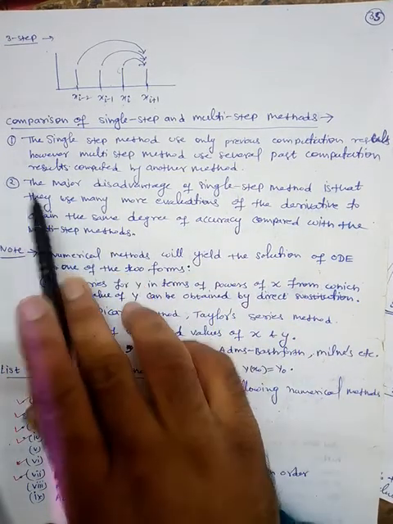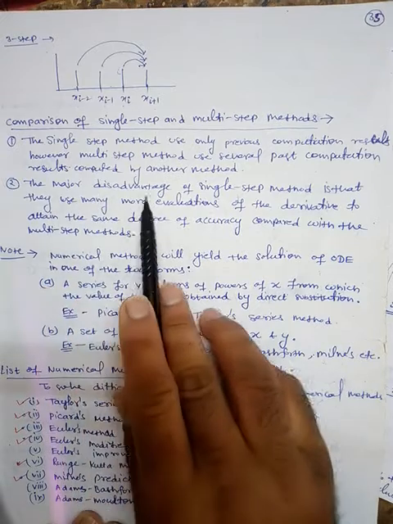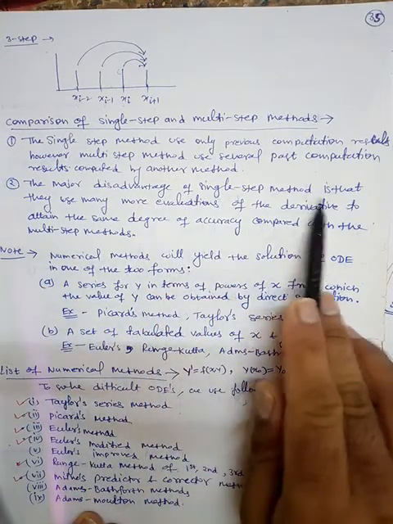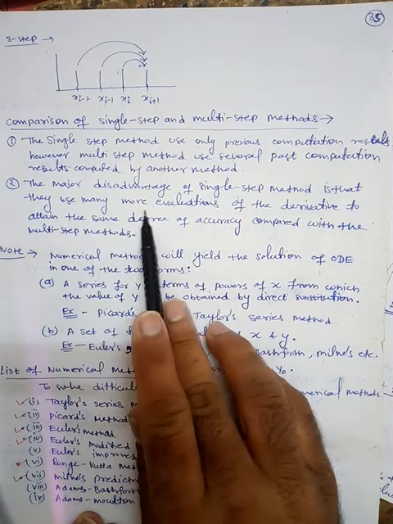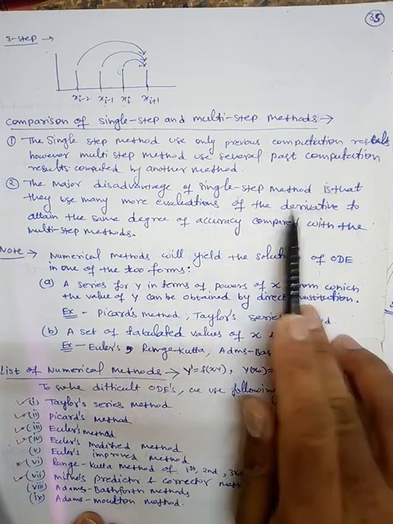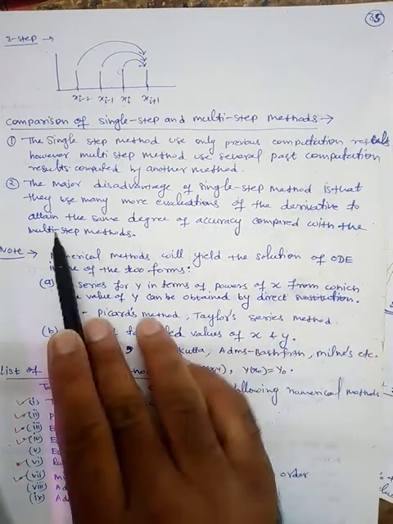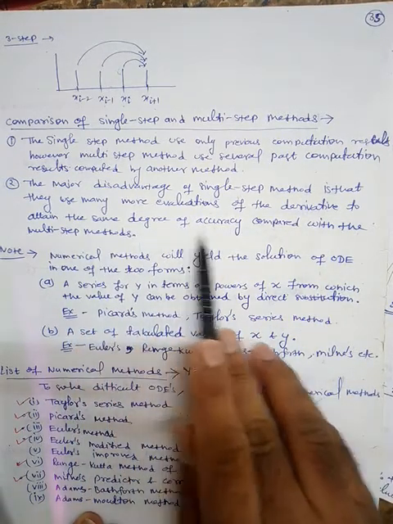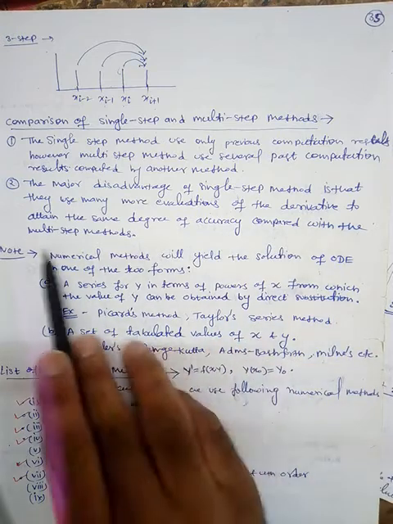Second, the major disadvantage of single step methods is that they use many more evaluations of the derivative to attain the same degree of accuracy compared with the multi-step method.